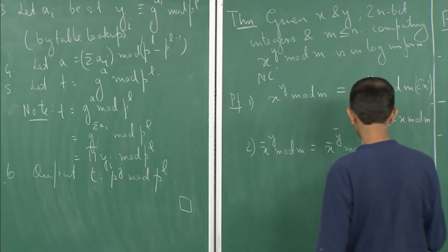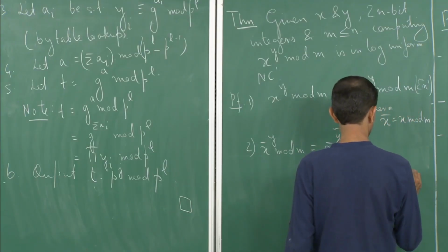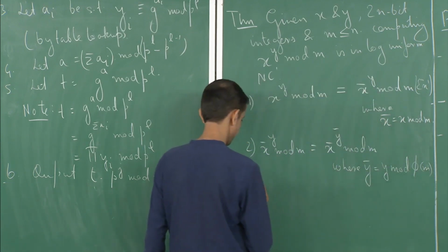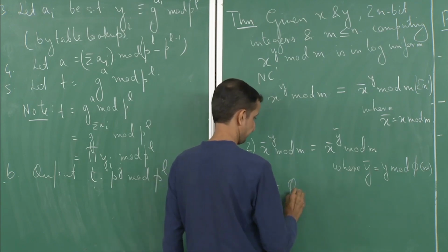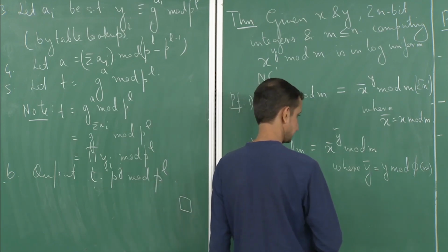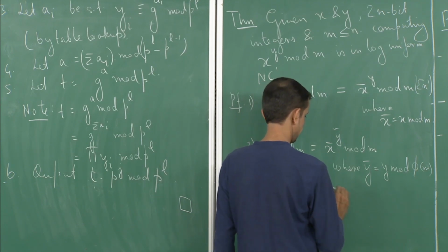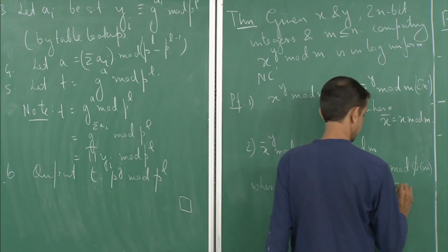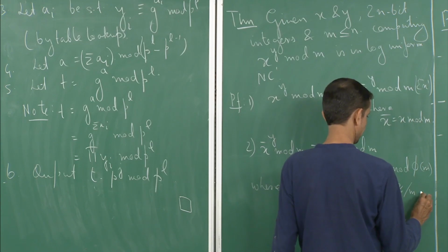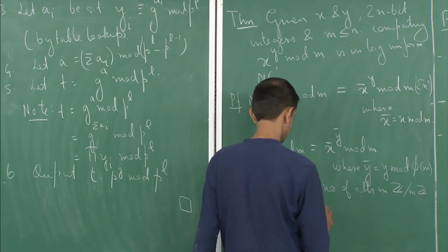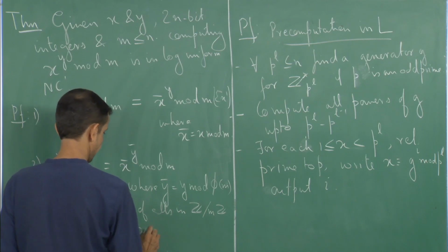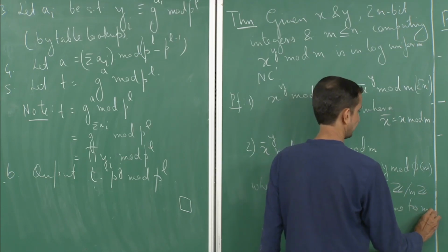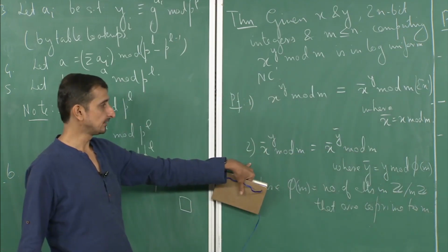So I can write this as y mod phi m, where phi m is the number of elements in Z mod mZ that are co-prime to m. Okay. So verify this. So 1 and 2, please make sure you verify.